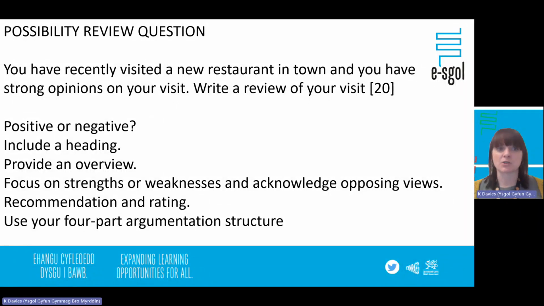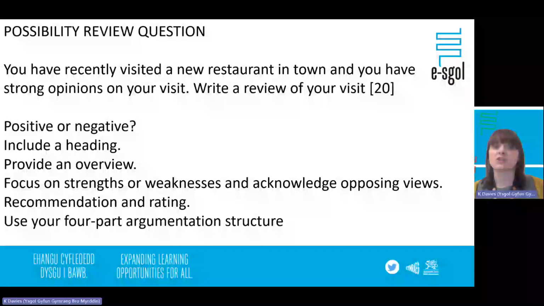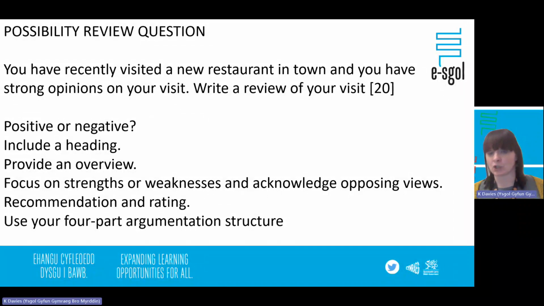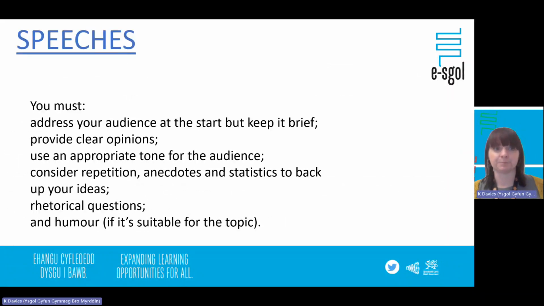Your approach, you need to make sure that you include a heading, provide an overview, focus on the strengths and weaknesses, and acknowledge that there may be opposing views. Provide a recommendation or some sort of a rating, and again use that 4-point argumentation structure, okay, where you've got the introductory, you've got real kind of clear points of argument, and then you've got an organized conclusion.